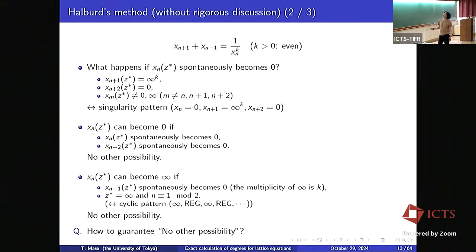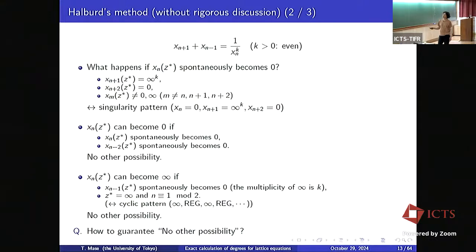And so xn can become 0 if at least one of these happens. If xn spontaneously becomes 0, then xn is 0. This is just a tautology. And if xn minus 2 spontaneously becomes 0, then because of this pattern, if this xn minus 2 is 0, then this is xn, and xn becomes 0.